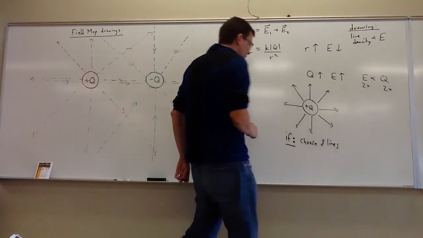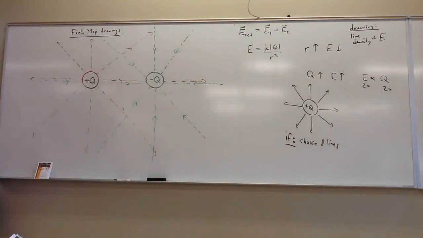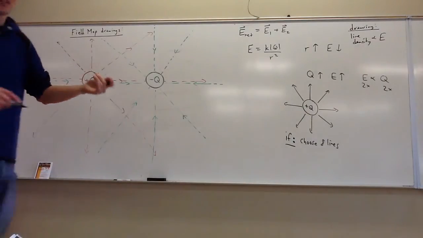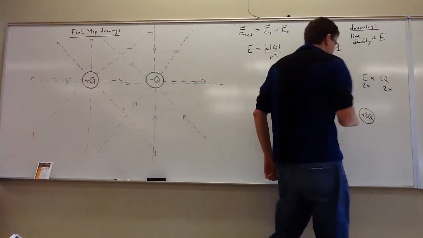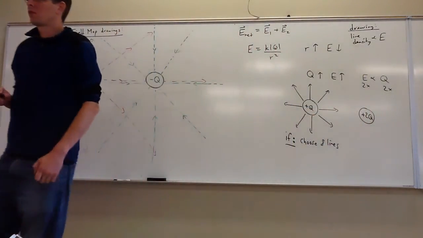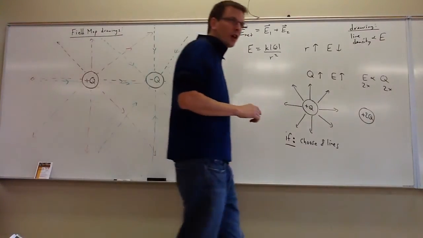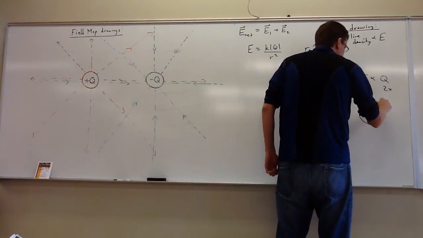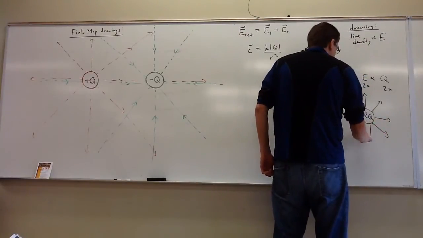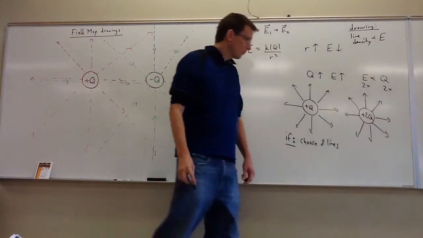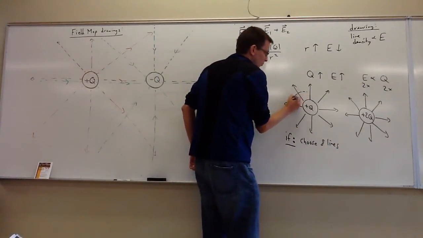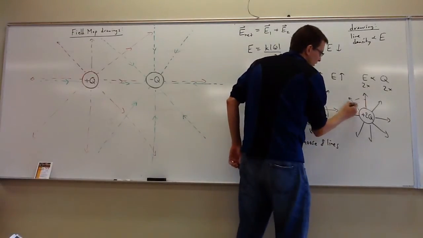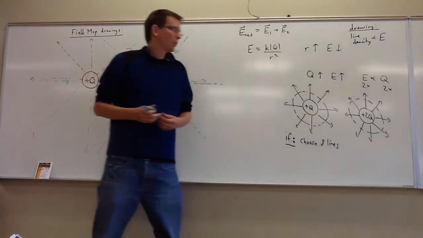So let's say if you choose 8 lines to represent that charge, you no longer, for any subsequent charges, have the freedom to just draw however many lines you want. Here's why. Let's say I have a charge which is twice as much as that first one. I can't just draw 8 lines out of that one too. Here's why. If I draw 8 lines out of that one, well, if we looked at a given distance, let's say this distance, we have a bit of a problem.